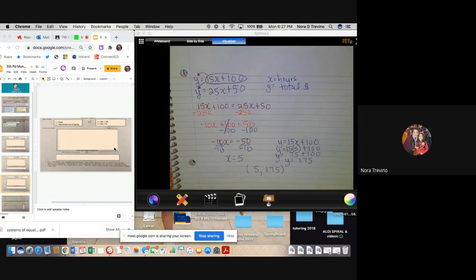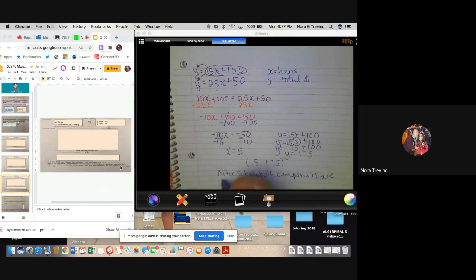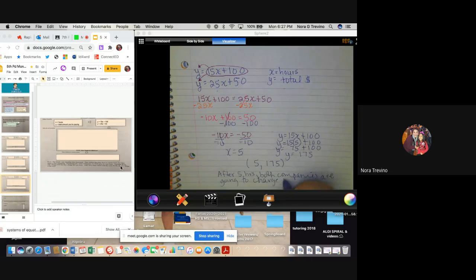So I'm going to go back and read the question. It says, after how many hours will the cost be the same, and what is the cost? X is the hours. That means that after 5 hours, both companies are going to charge you $175.